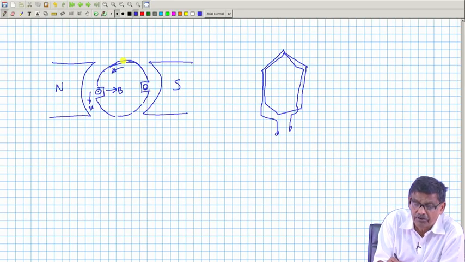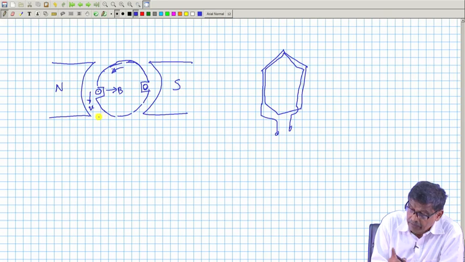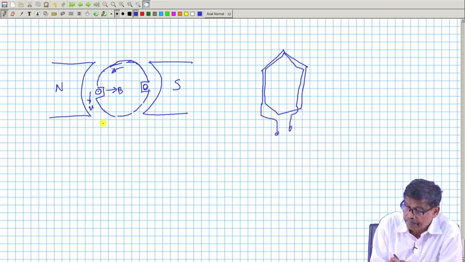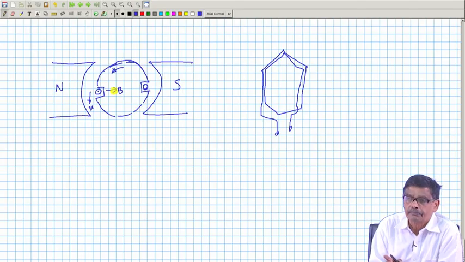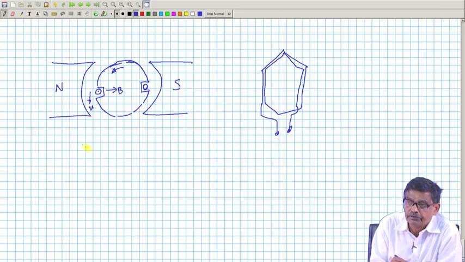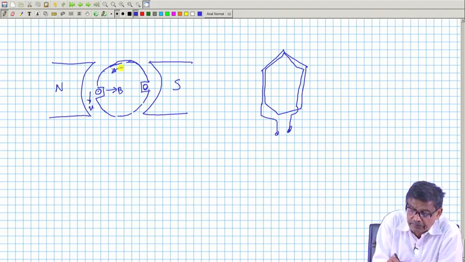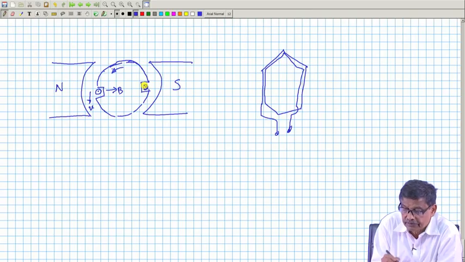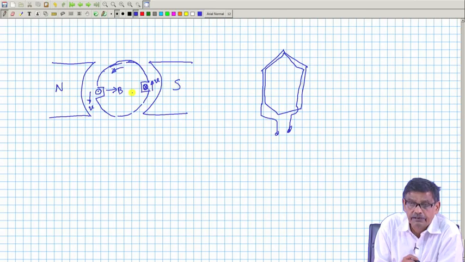There will be a number of slots. I will place it so that the induced voltage in the coil becomes maximum across these two terminals. Suppose it is in generator mode; if it is running, there will be induced voltage in this conductor, cross, and in this conductor it will be cross too, because velocity is this way and B is this way; you can once again apply the right hand rule.